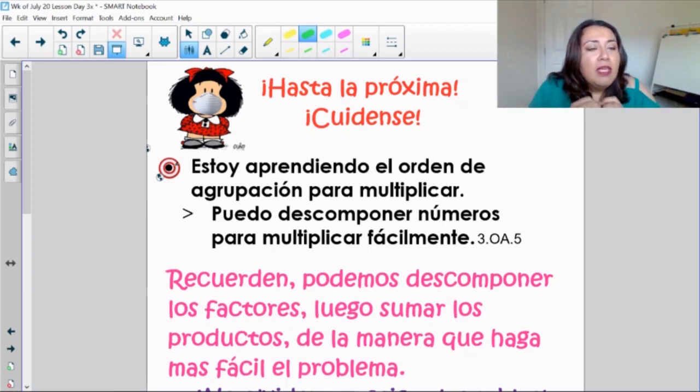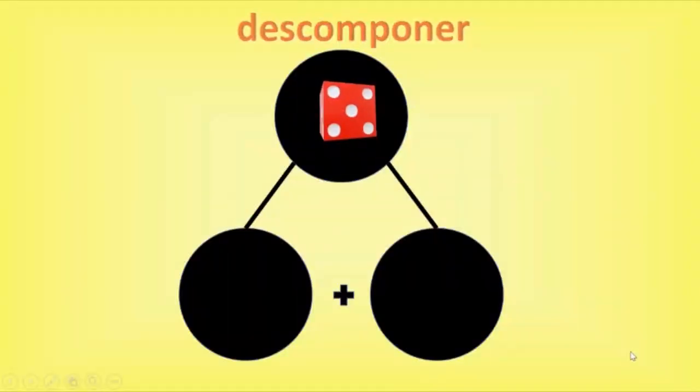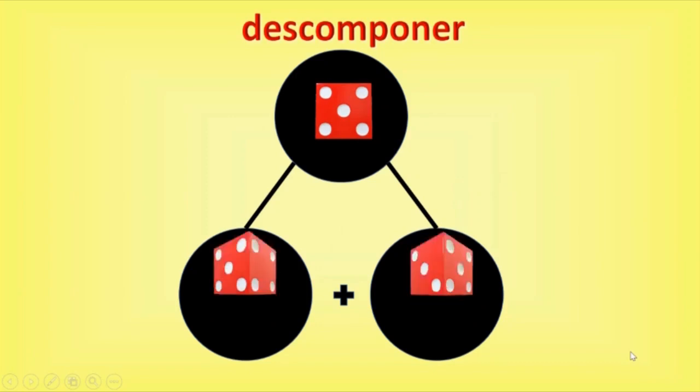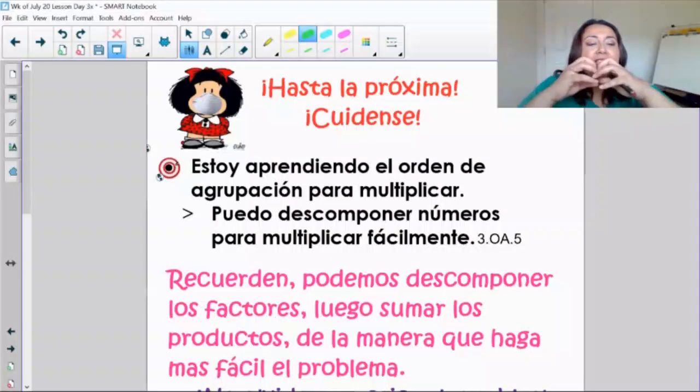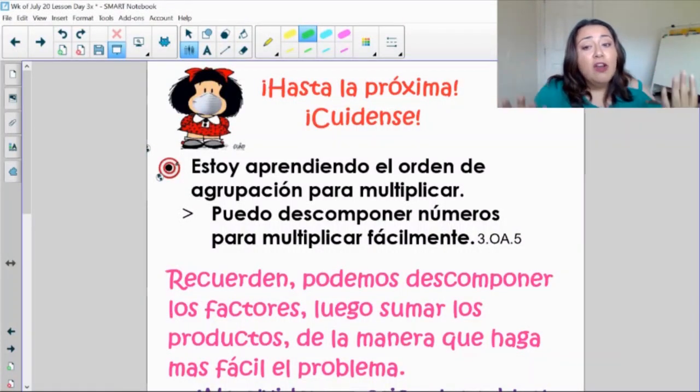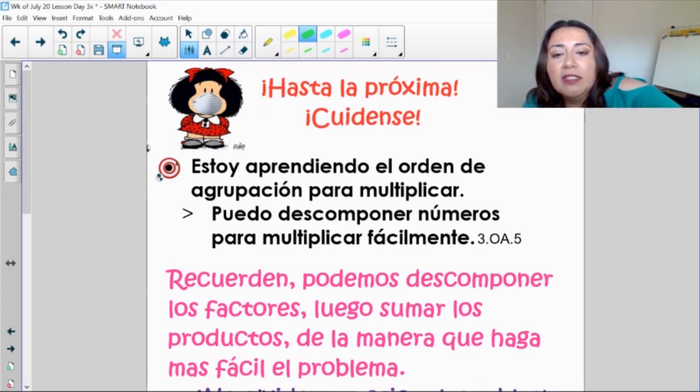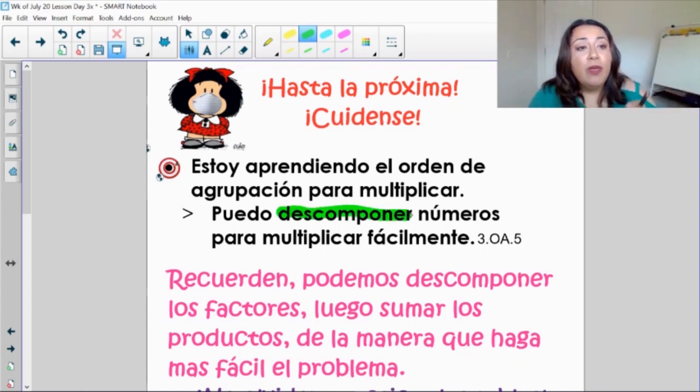Pero hoy dijimos que podemos descomponer, separar en partes, los números o los factores para multiplicar más fácilmente. Entonces, eso es lo bello de las matemáticas. Podemos hacer con los números varias cosas para nuestro beneficio.